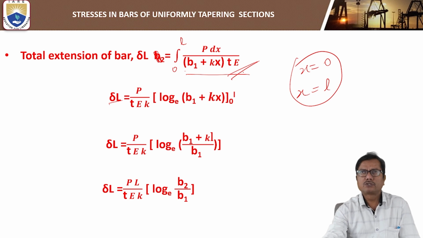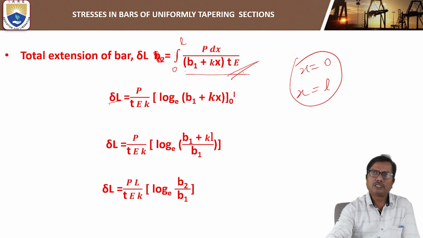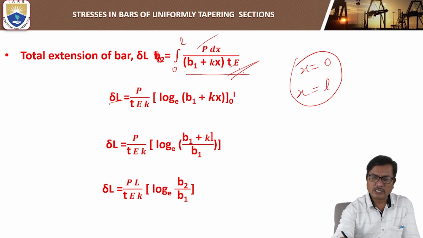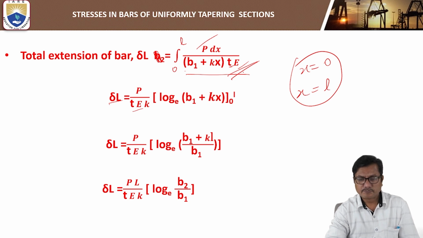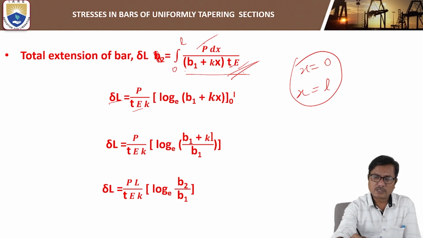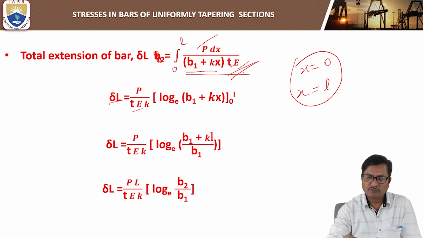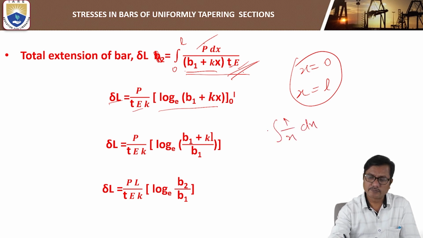Taking the constants out: what are these constants? P, t and E are constants. Now the integral of 1 by (b1 plus kx) is in the form of the integral of 1 by x dx, which is log x.